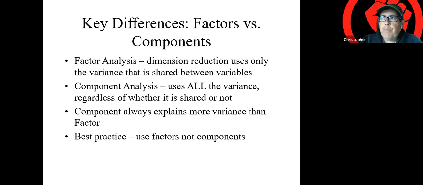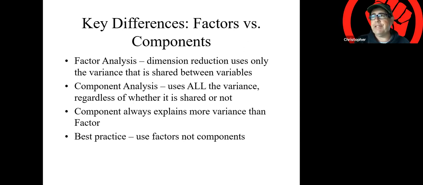However, I would say that for almost any situation, the best practice would be to use a factor analysis approach rather than a component analysis approach. We'll talk more about the details there and the sort of differences that you'll find. But I think the main takeaway is that factor analysis is looking at what's shared between the variables, which should seem reasonable because we're trying to figure out what variables go together.